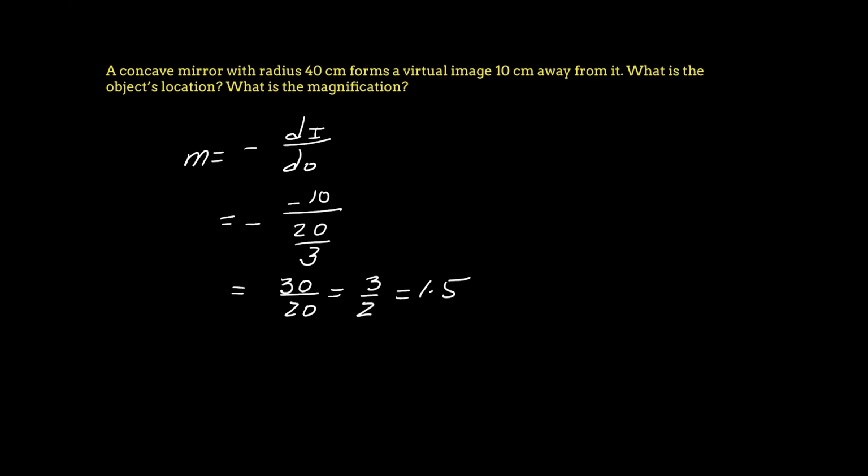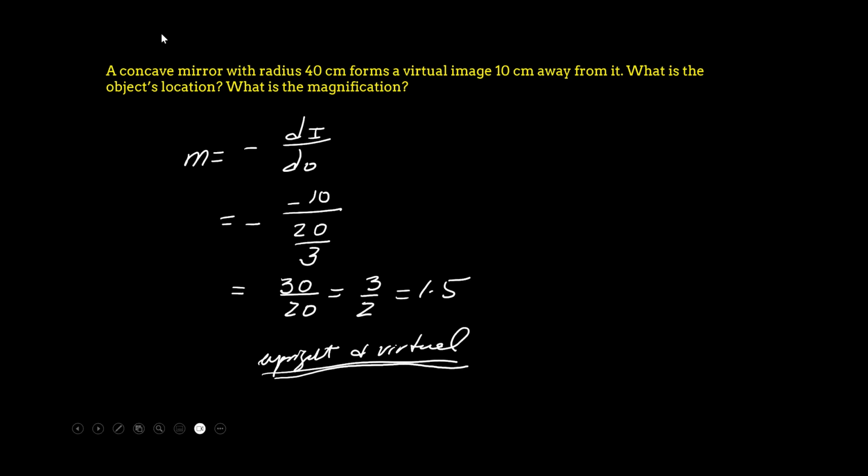That's the magnification, 1.5 times as large as the object. So if the object is 2, the image will be 3. And the fact that it's positive means it's upright. Upright and virtual.